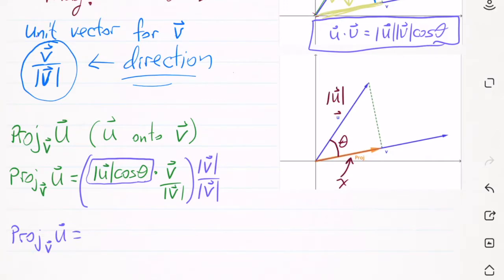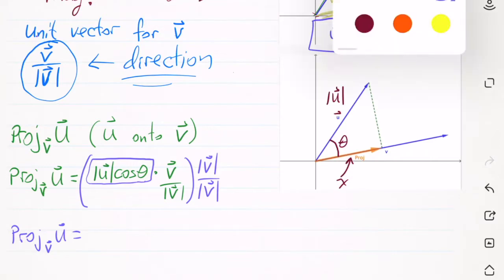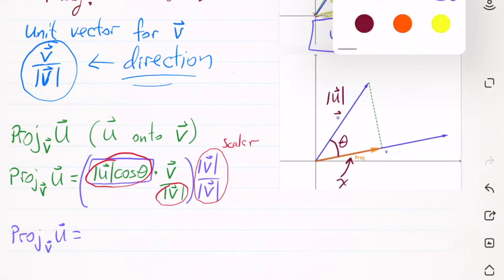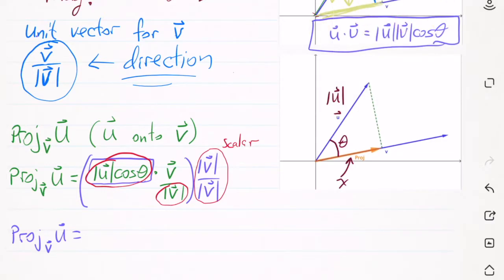So let's see here. Let's get things in order. Kind of circle a few things. This is a scalar. This is a scalar. This is a scalar. So what I'm going to do is group all my scalars to the left. All right, so then this becomes the magnitude of u, the magnitude of v, cosine of theta.